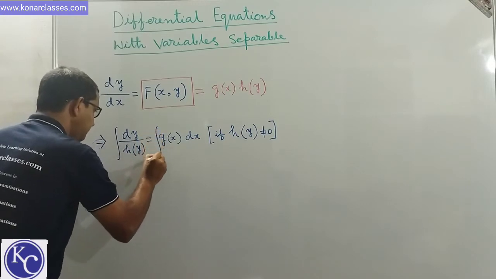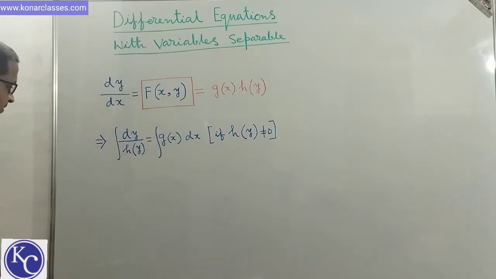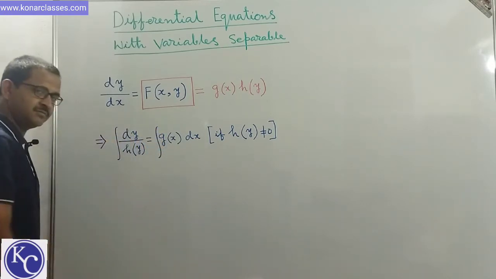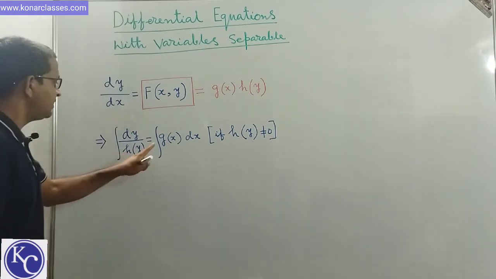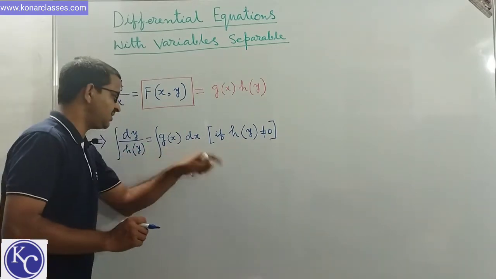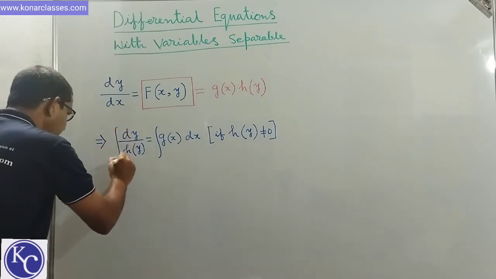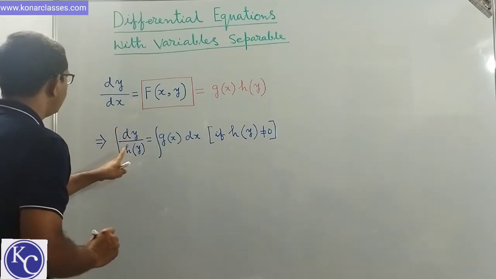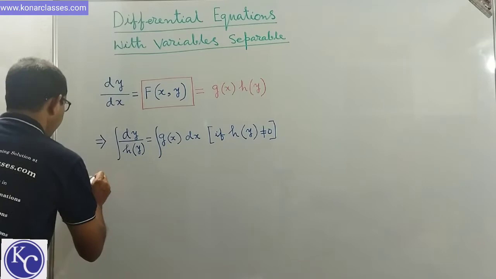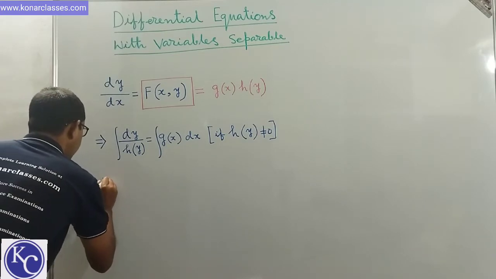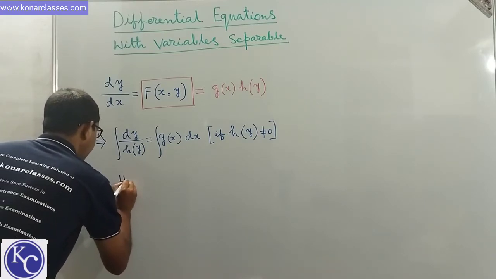We will integrate both sides, because this is a function of y, 1/h(y) dy, and g(x) dx. If we integrate 1/h(y) with respect to y, suppose we get a function called capital H(y).